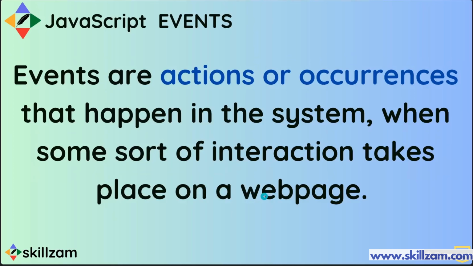Like click of a button is an action. When a mouse is hovered over the text is an action. So there are actions done by the user, and that interaction with the web page will trigger certain events, and you can modify and change things based on the events that occur.